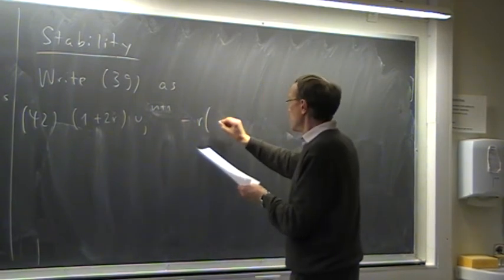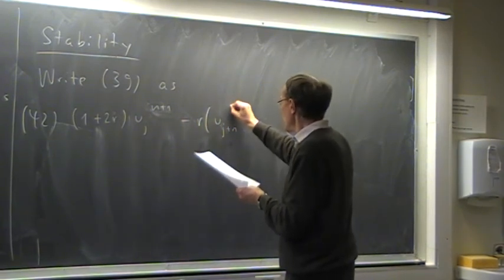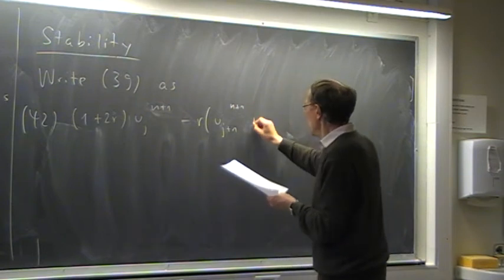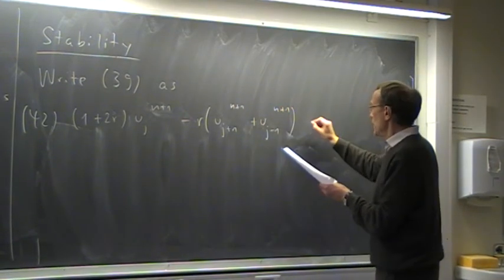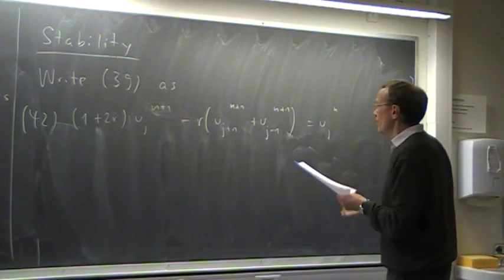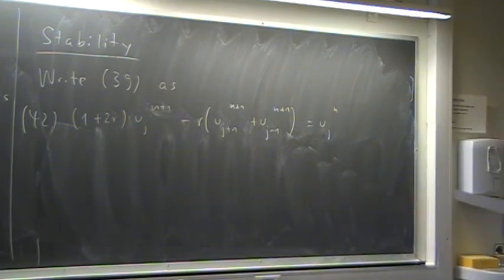So we can write them in this form: minus r u_{j+1}^{n+1} plus (1 plus 2r) u_j^{n+1} minus r u_{j-1}^{n+1} is equal to u_j^n. So then we have everything unknown on the left, everything known on the right, and r is again our stability parameter. Now we insert a Fourier mode for u_j^n.